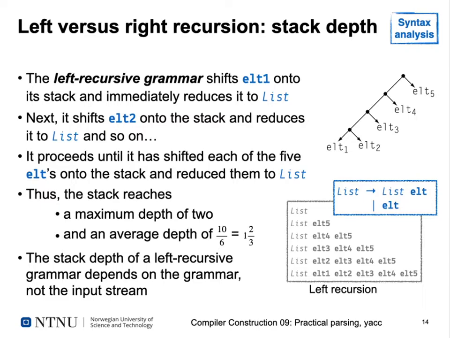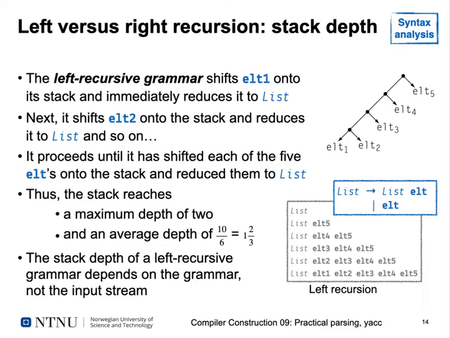So the parser for our left recursive grammar proceeds until it has shifted each of the 5 elements onto the stack and then reduced them just to a single list. So our stack reaches a maximum depth of 2 because we have an element and part of the list on the stack, and the average depth would actually be 10 over 6, so 1 plus 2 over 3.